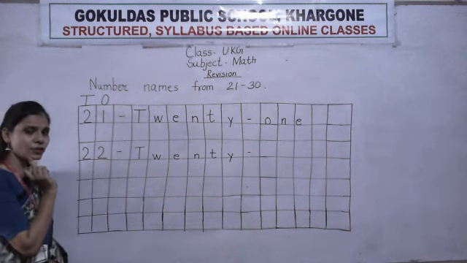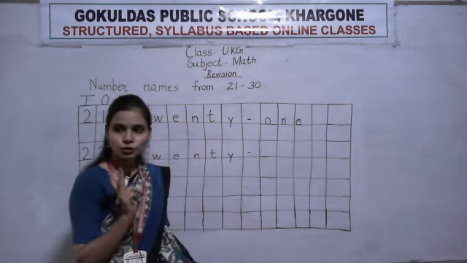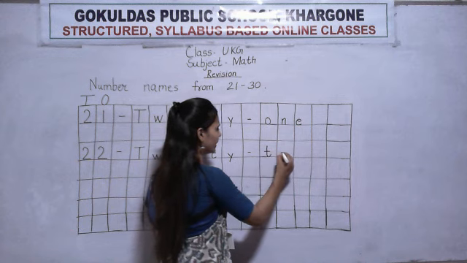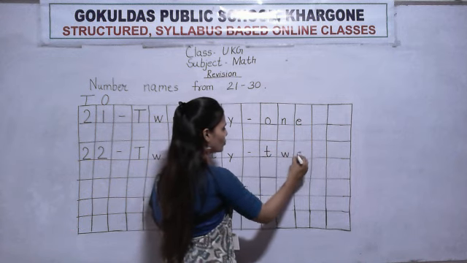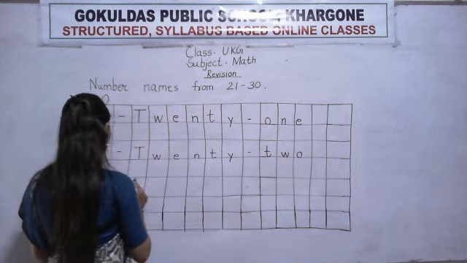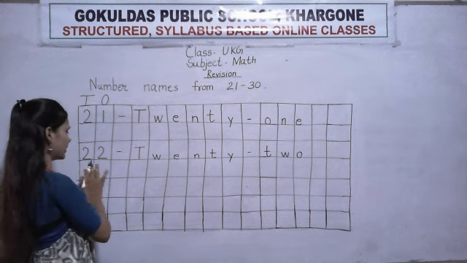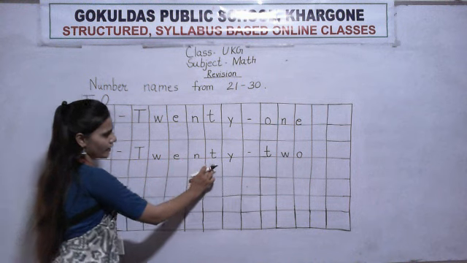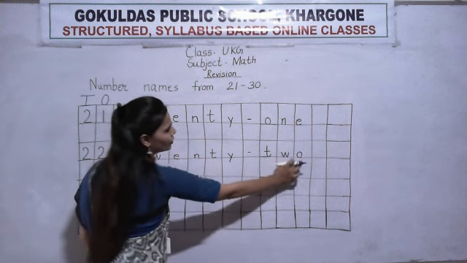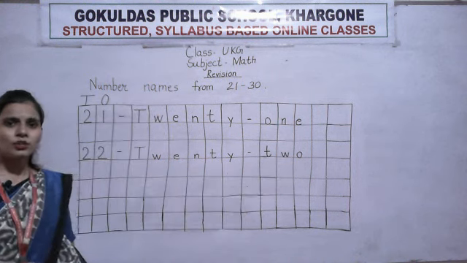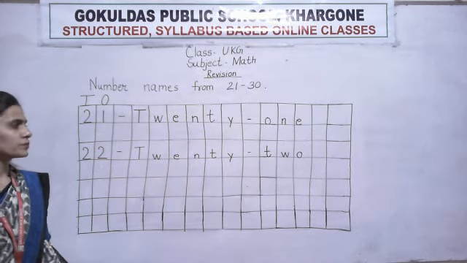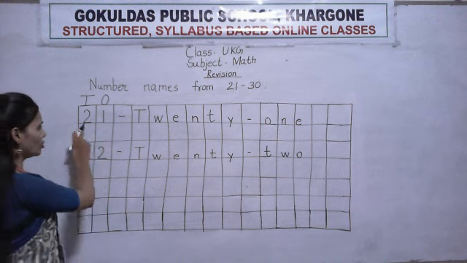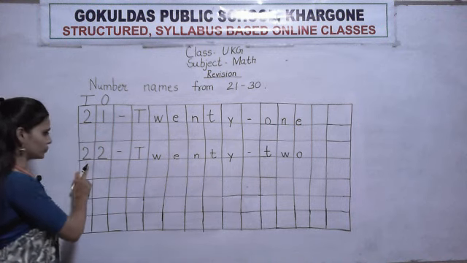So the spelling of 22 is TWENTYTWO. 22. Okay. Write in your notebook. Write with me, 21, 22.